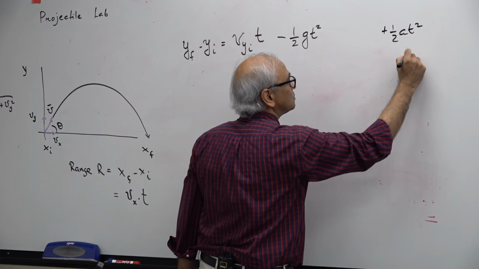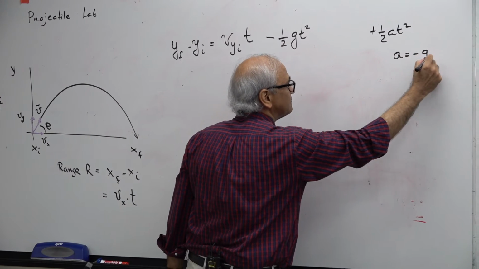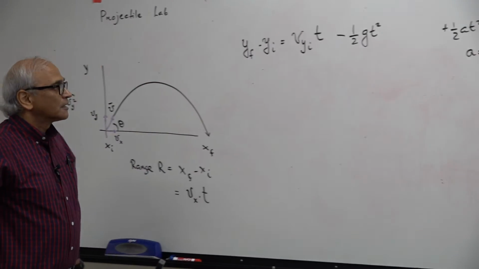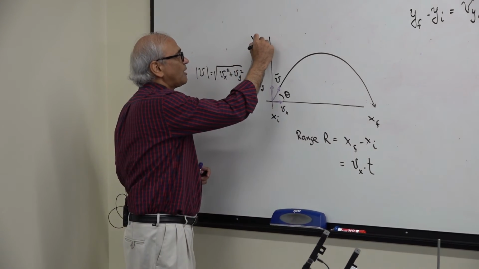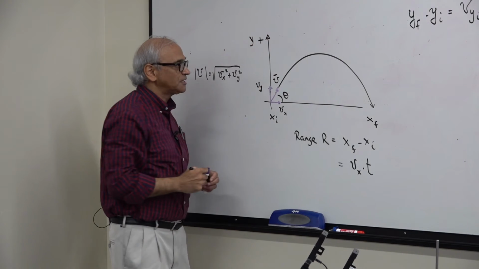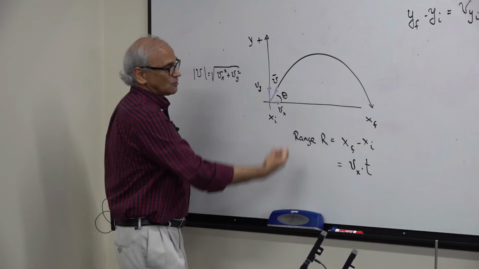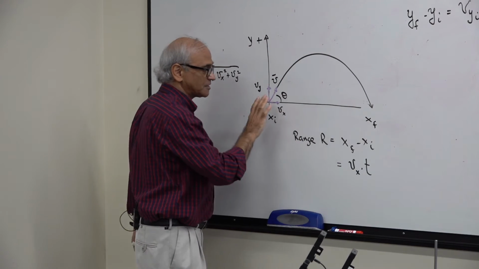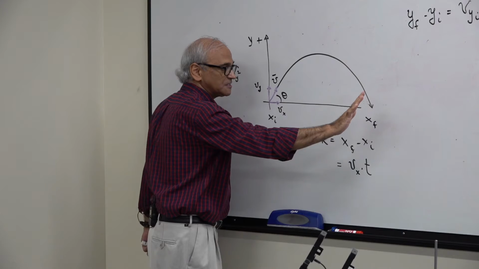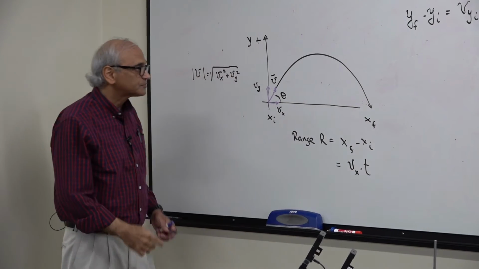But what we have taken is that a is negative g. It's negative because we are taking everything going up as positive, and we know that the acceleration is always downwards. As the ball goes up, it's always slowing down downwards. But remember that the velocity in this direction doesn't change.